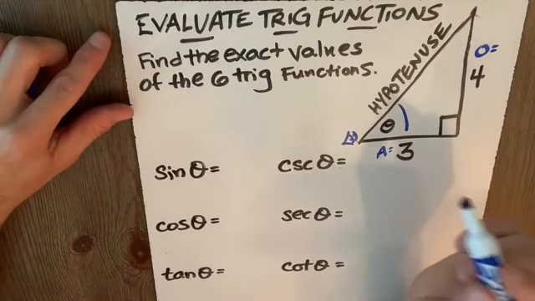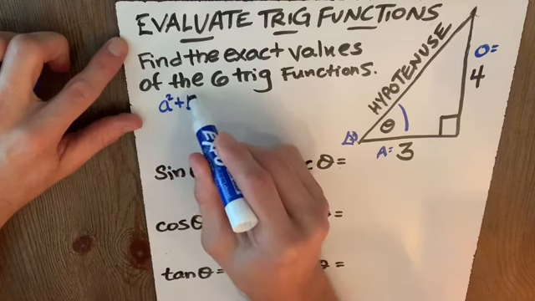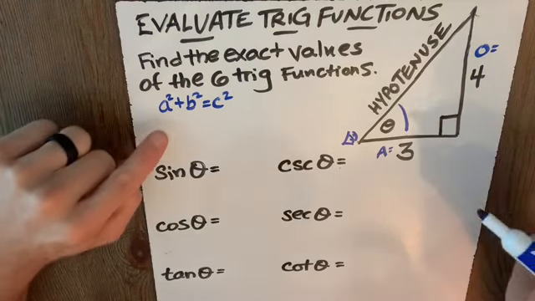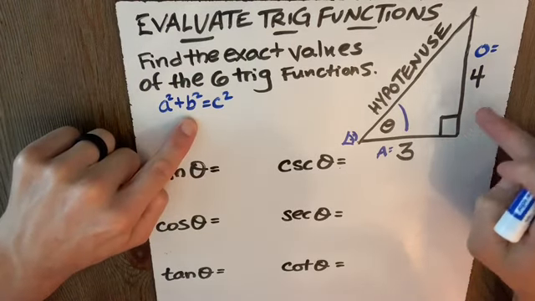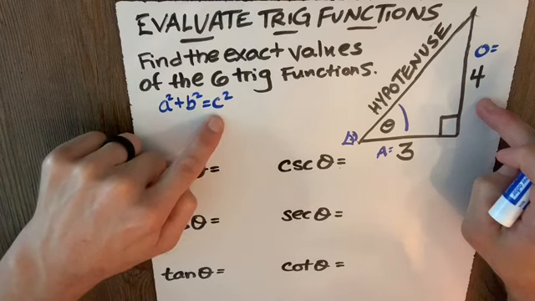Using the Pythagorean theorem, which says a squared plus b squared equals c squared. A and B are the legs, the non-hypotenuse sides of a right triangle, and C is the hypotenuse.